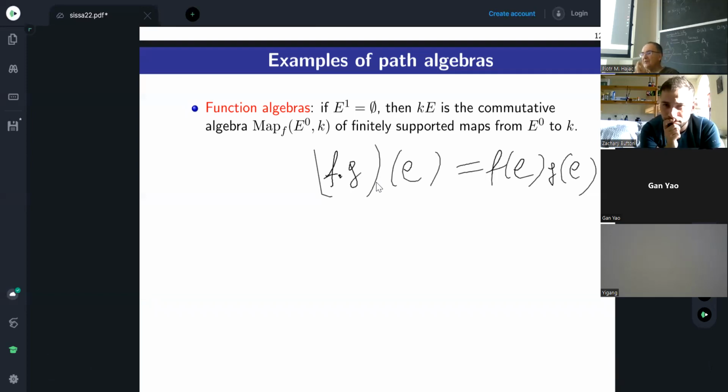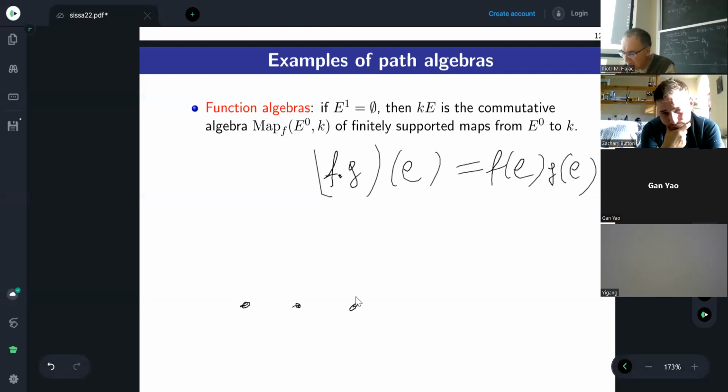The concatenation recipe tells me that when I have no edges, all points multiply to 0. So chi p times chi q is always 0 unless p is equal to q, and chi p times chi p is chi p. Say you have 3 elements in your set, that's your E0.